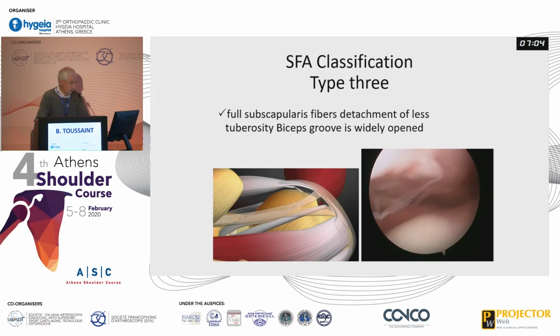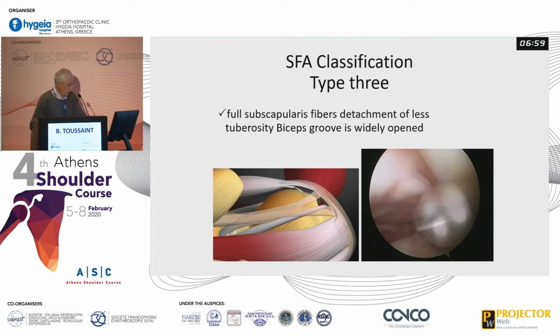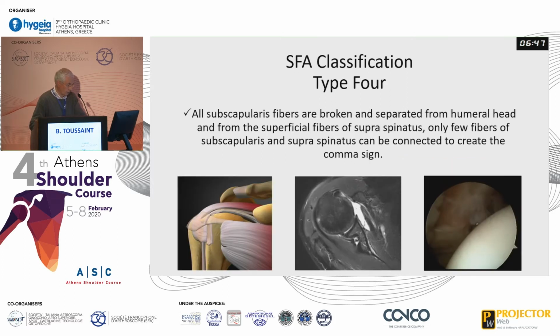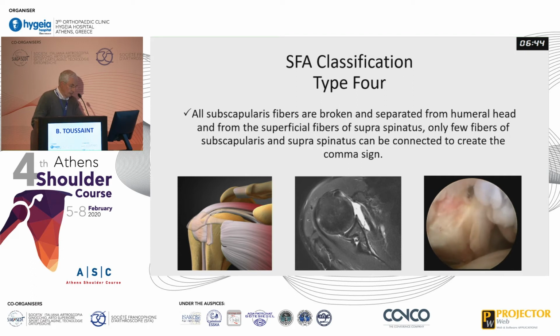In type 3, you have a bigger deep layer detachment with superior glenohumeral ligament damage. And type 4 is a full thickness tear, and you have a free edge of the subscap totally detached from the biceps groove.